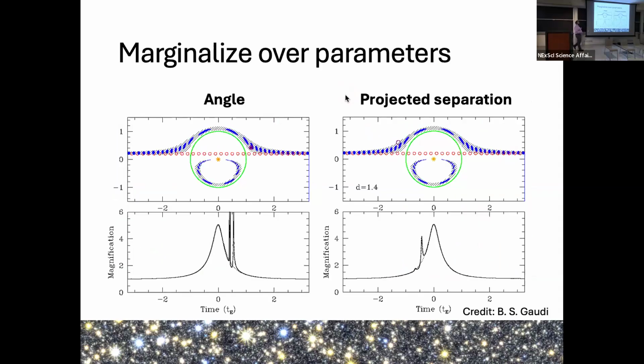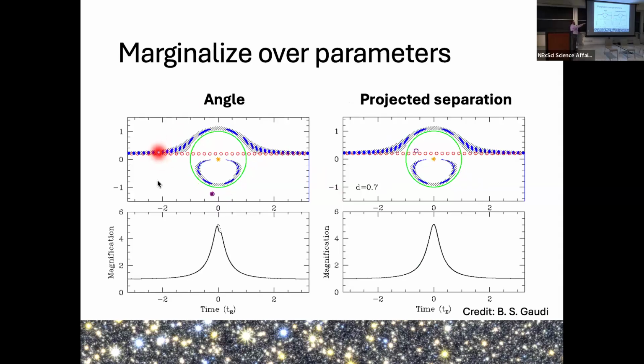So what's going into making these plots? Essentially, you start with your observed microlensing event, and then you try placing a planet of different mass ratio, different separation, and different angle relative to the source trajectory in your lensing system, and look at how the microlensing light curve varies as those parameters vary.